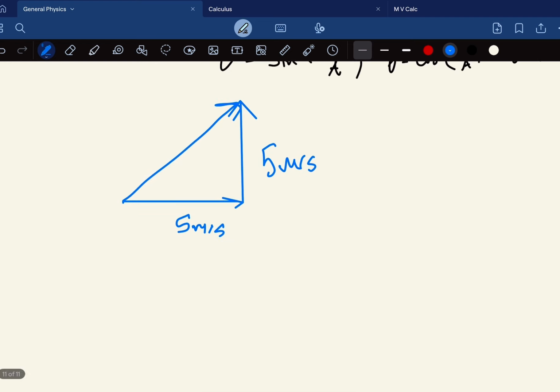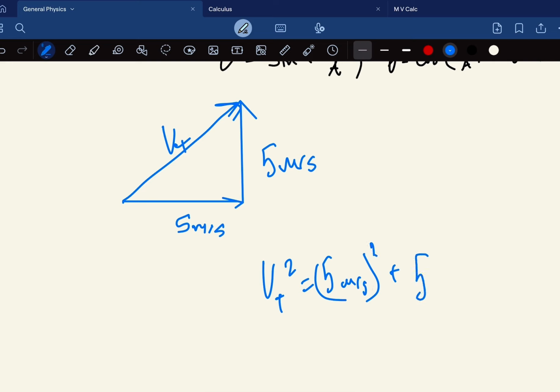Now this vector we can label as vt, as this is a total velocity. So we have vt squared equals 5 meters per second squared, plus 5 meters per second squared.